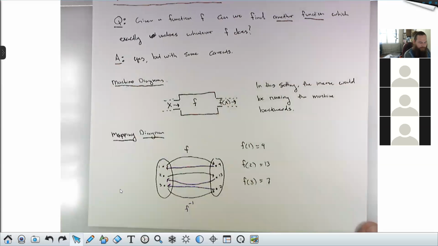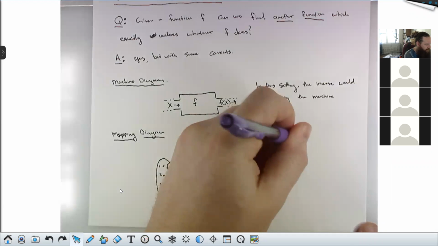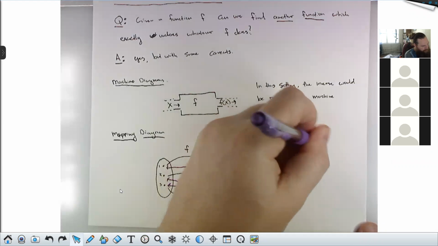And we can think about these similar statements for the purple function. The purple function sees 9 as an input, and it sends that 9 back to 1. So we would say f inverse of 9 is equal to 1.